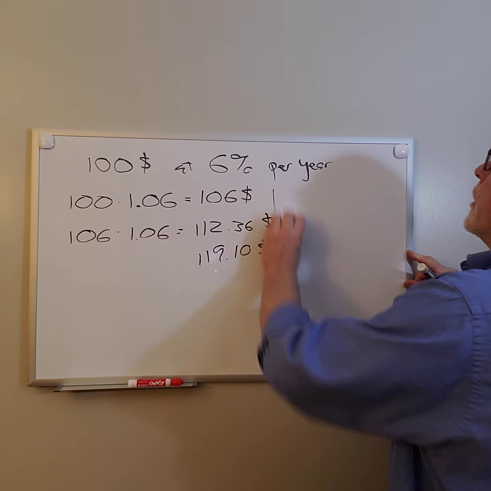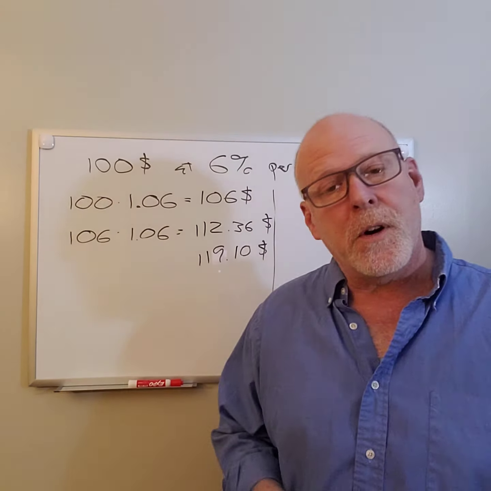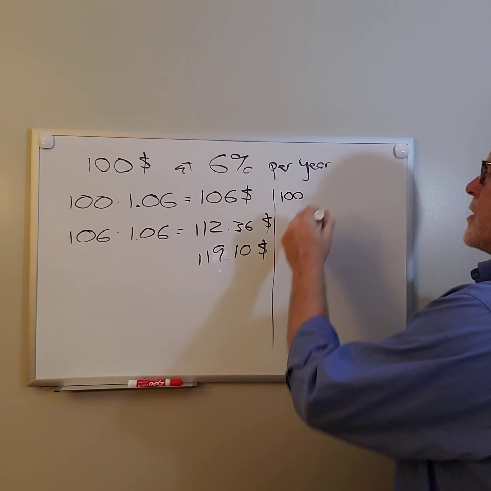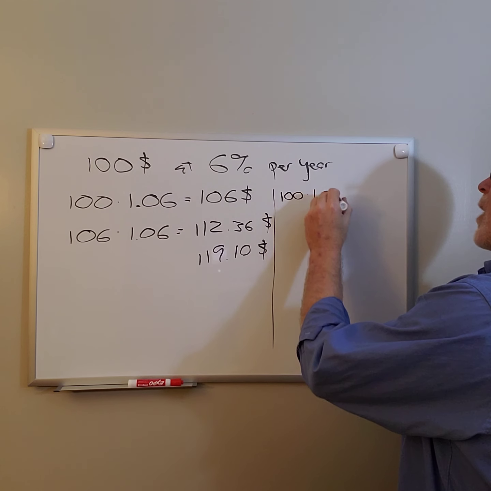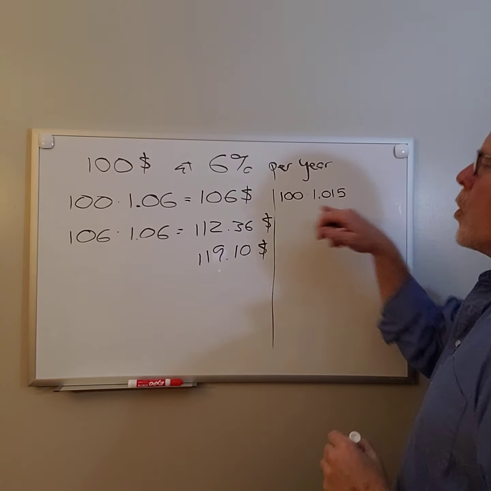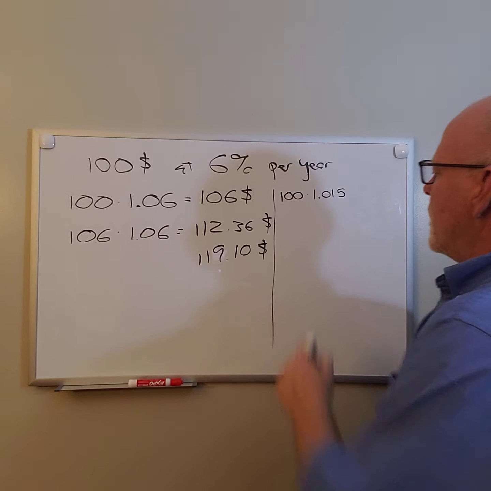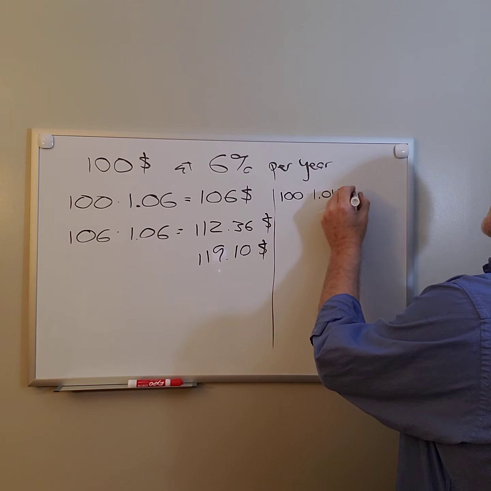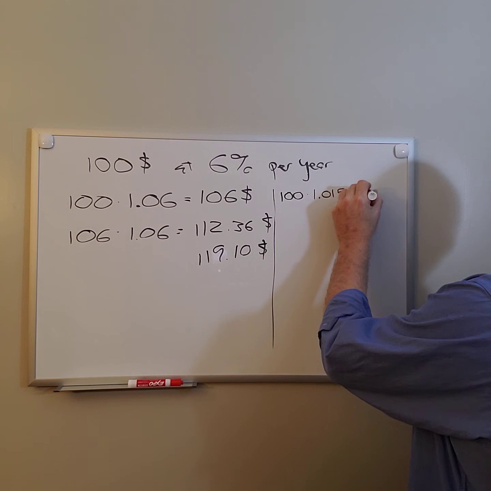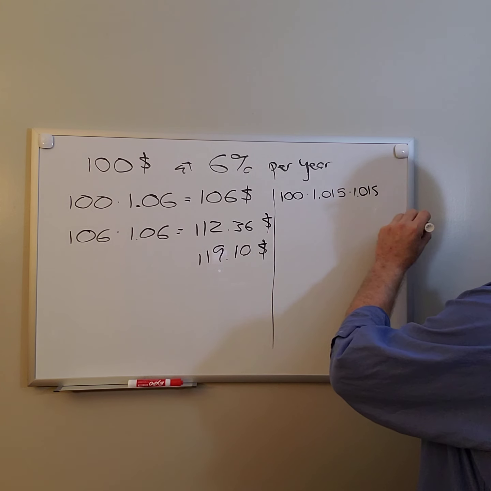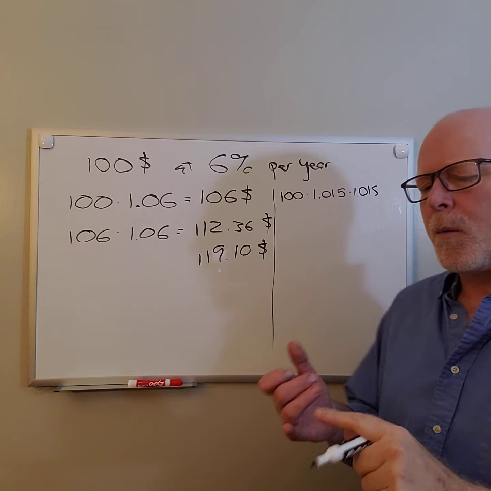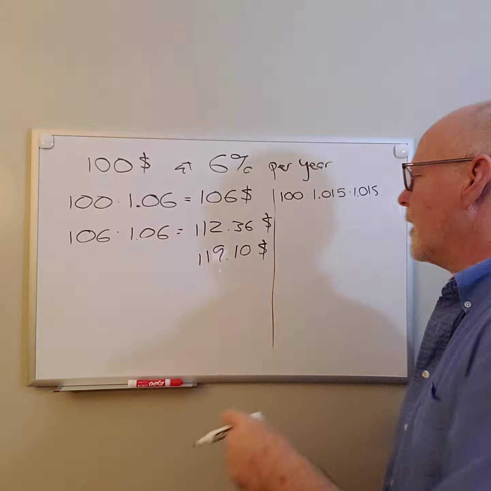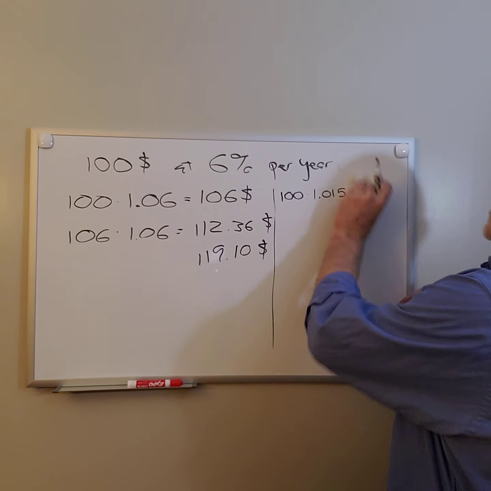What if we were to do this a little bit more often? What if we were to do this 4 times a year, say? Well, I'd take my principal, and at the end of 3 months, I'd multiply by 1.015. That's 1/4 of the 1.06. So the principal there and the 1.5% interest from the first part of the year. And then I would take that and multiply it by 1.015 again, and 1.015 again, etc. So I'm going to multiply by 1.015 times itself, times itself, times itself, which is what we talked about in the last class, exponents.